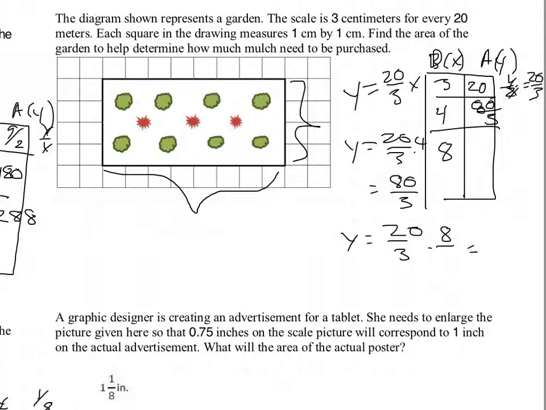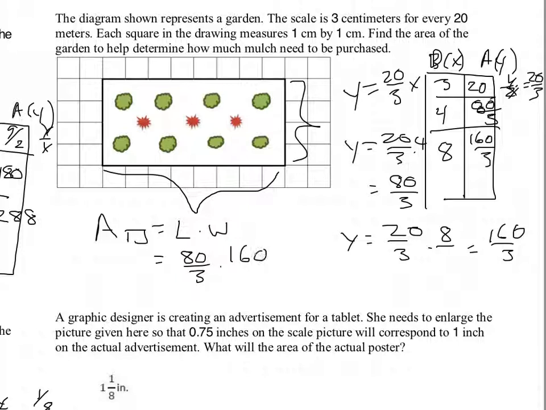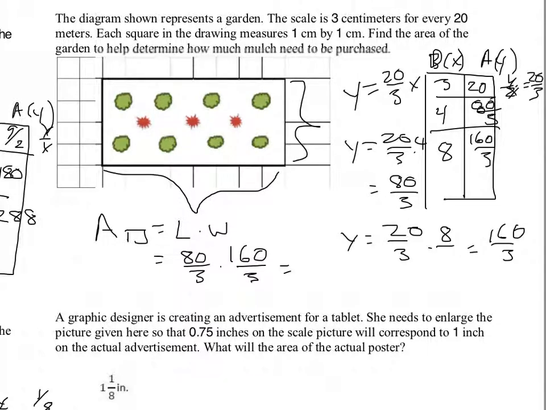I'm going to go ahead and leave this as 160 over 3 because I want to find the area of this rectangle, which is length times width. So I'm going to have 80 over 3 times 160 over 3. And that's going to give me 12,800 over 3.